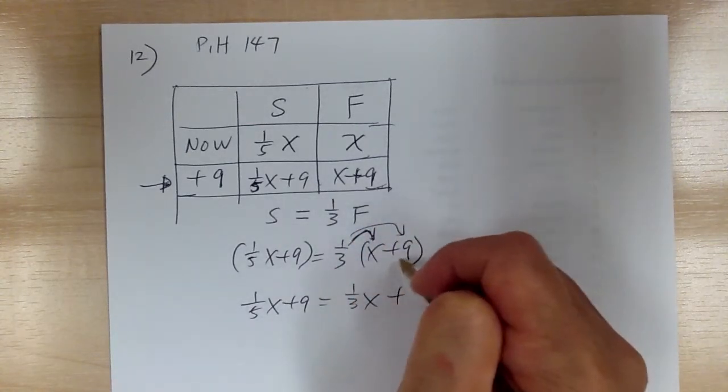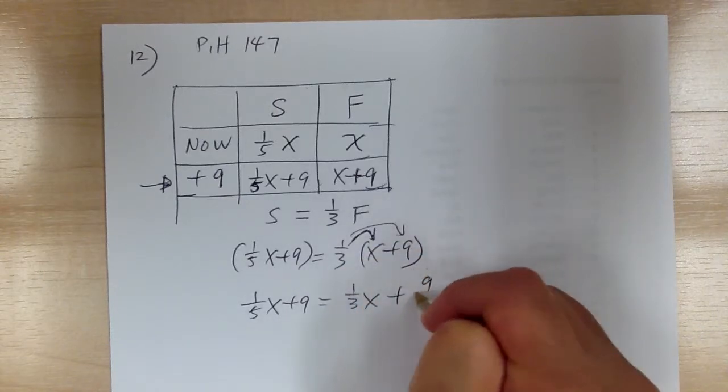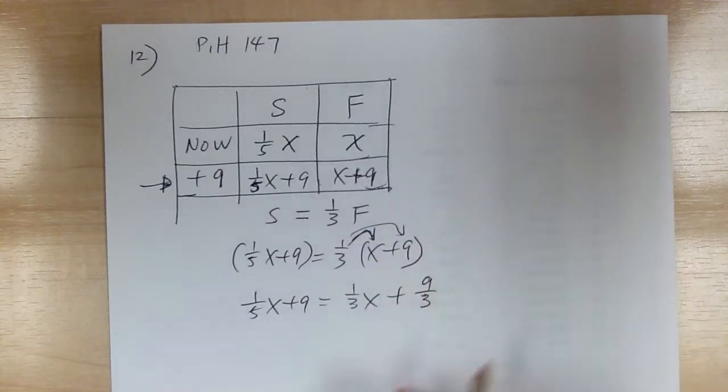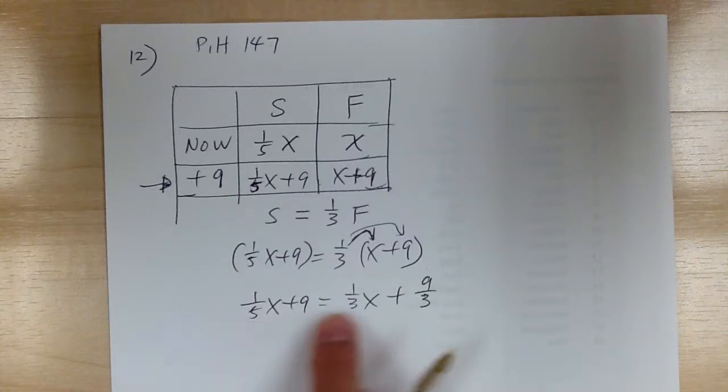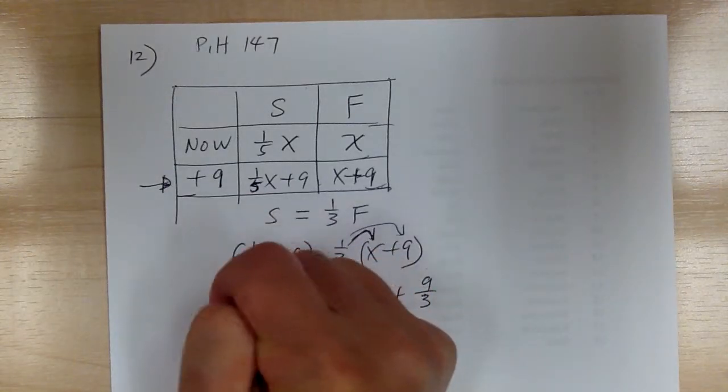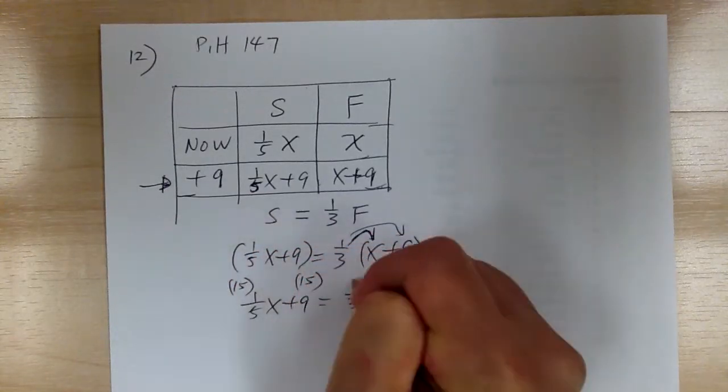And when you're doing this part, you can make it into 3 or you can just do 9/3. It does not matter because you have to multiply by the common denominator to get rid of the fraction. Okay. So you have 5 and 3, so your common denominator is going to be 15. So multiply by 15 for each term.